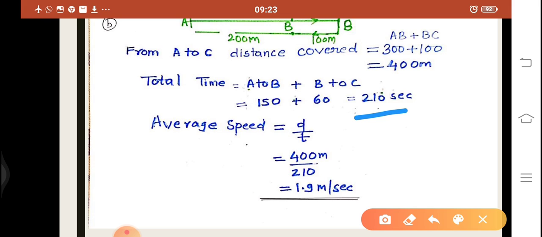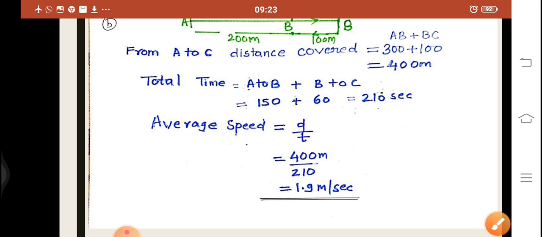Displacement upon time will give us average velocity. For average speed, what is the total distance? In this case, the total distance is 400. 400 divided by the total time of 210 seconds becomes 1.9 meter per second.